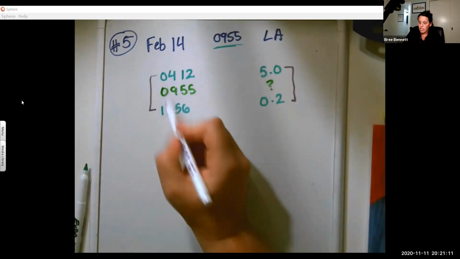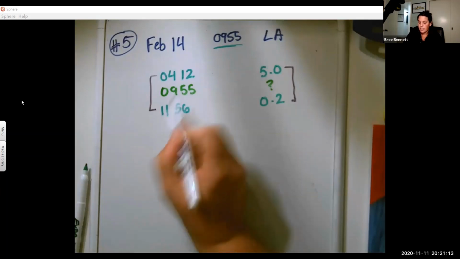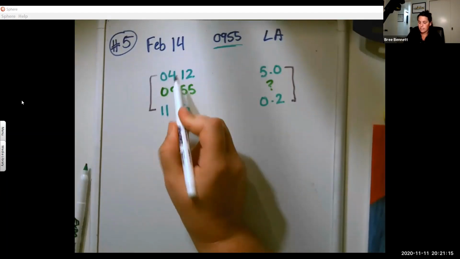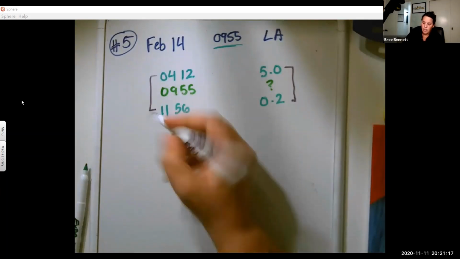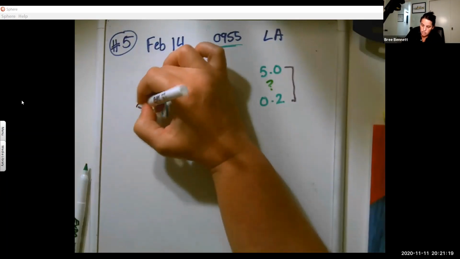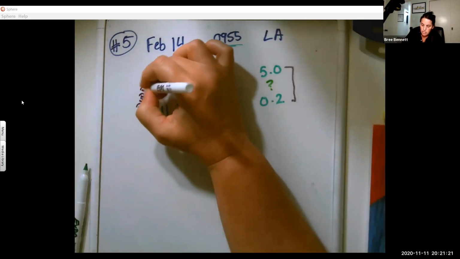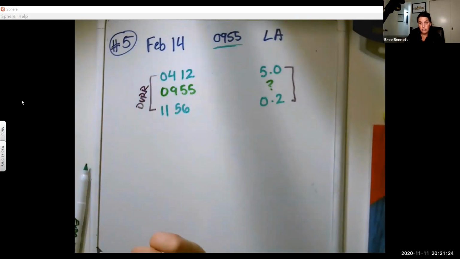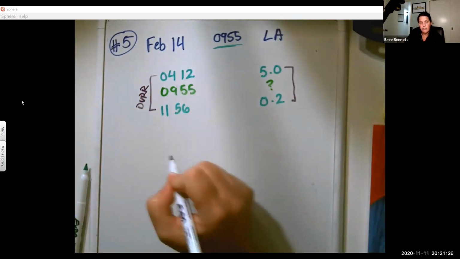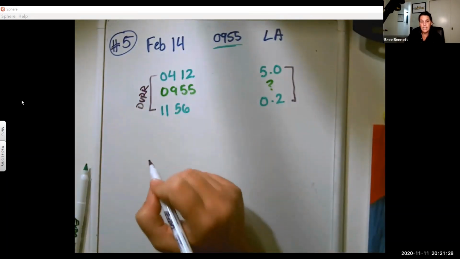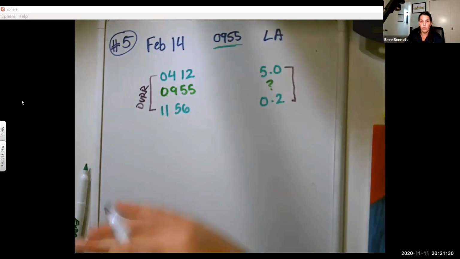If I look at the difference between my high water time and my low water time, that is called the duration of rise or fall. So this is going to be the duration of fall. How long did it take to go from high water to low water?